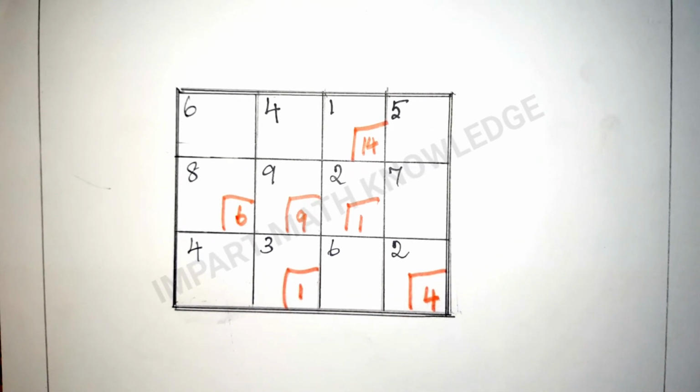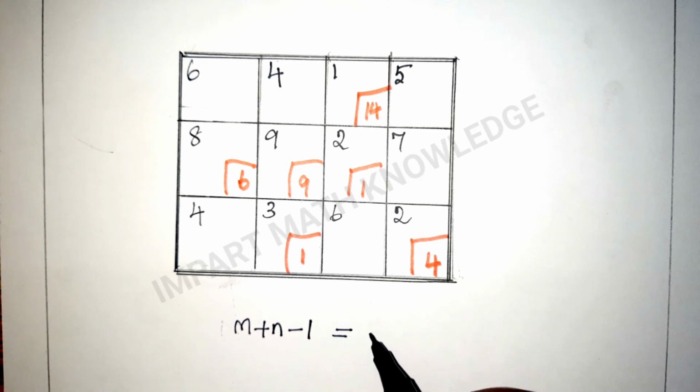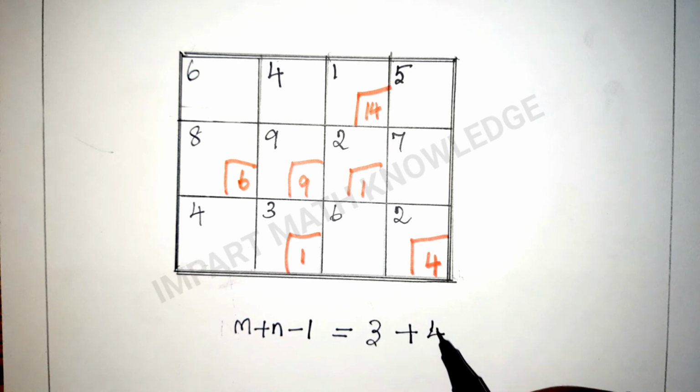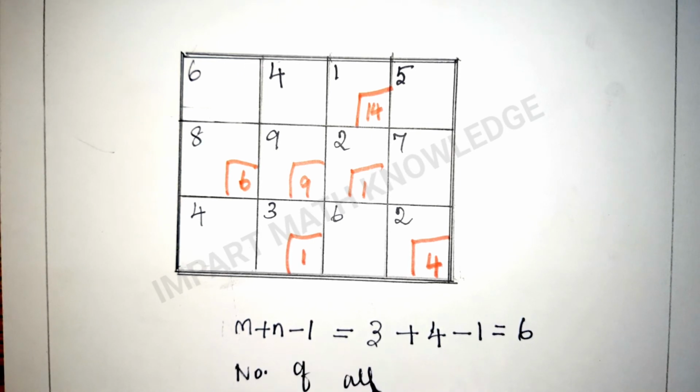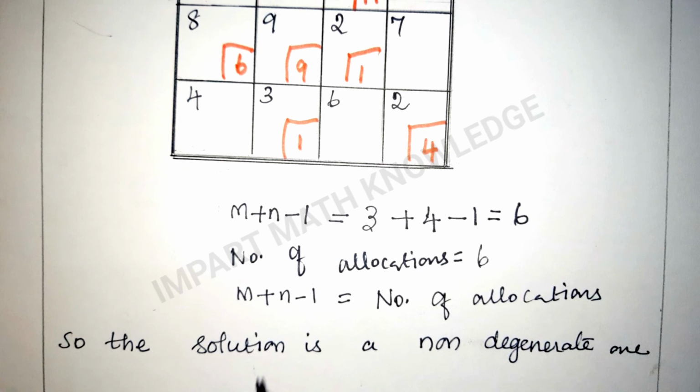We have to check whether m plus n minus 1 is equal to the number of allocations or not. m plus n minus 1: m is the number of rows, 3 rows, n is the number of columns, 4 columns, minus 1. So the value is 6. Number of allocations: 1, 2, 3, 4, 5, 6. 6 allocations are there. Here m plus n minus 1 is equal to the number of allocations. So the solution is a non-degenerate one.